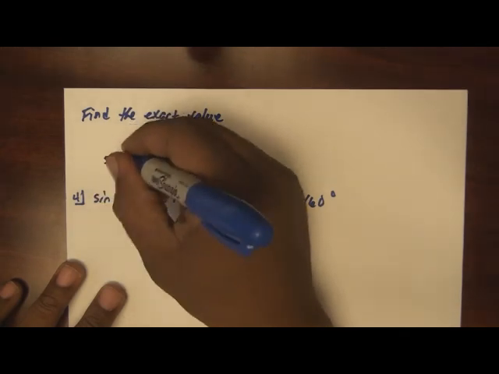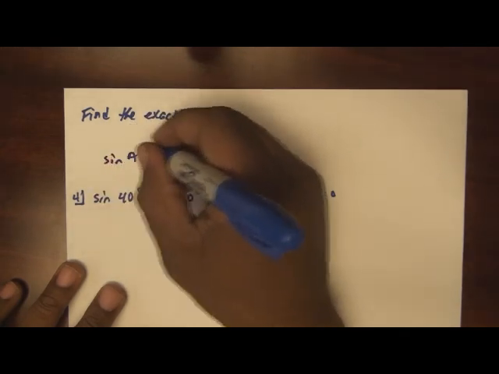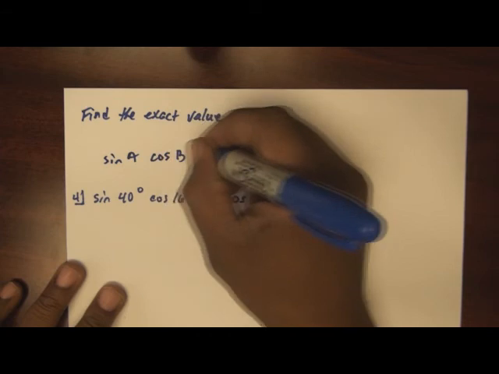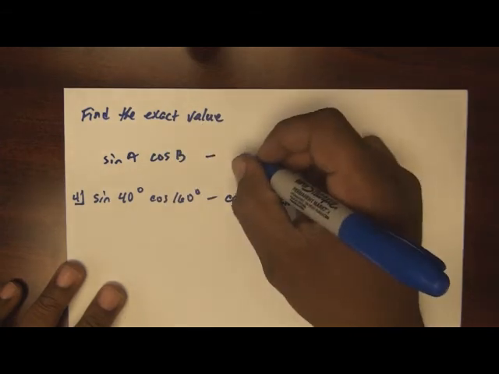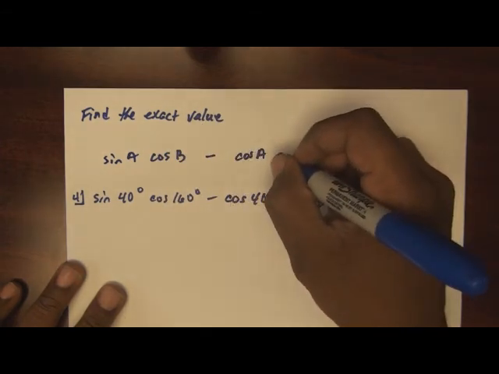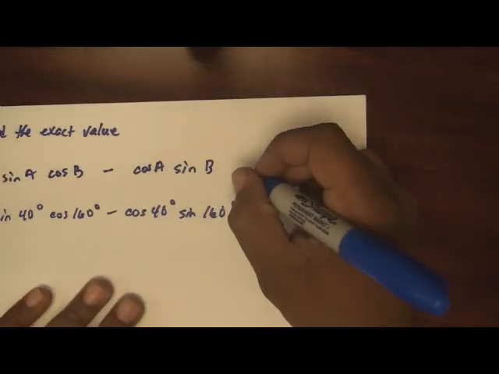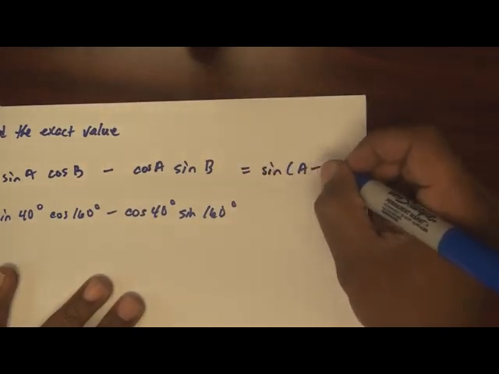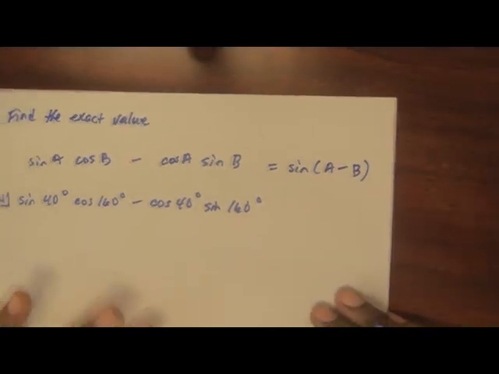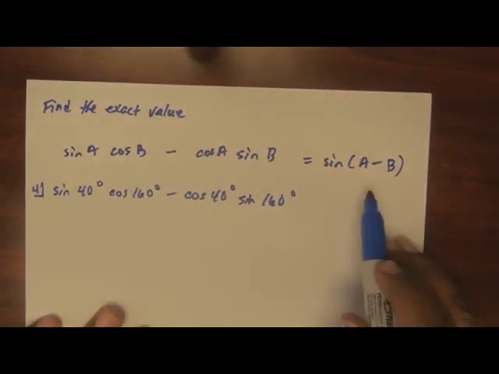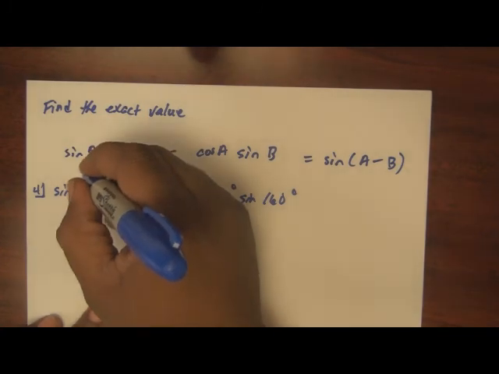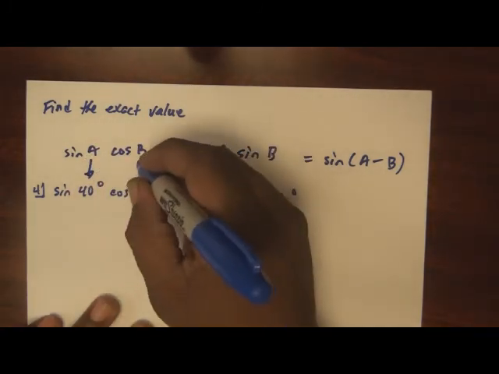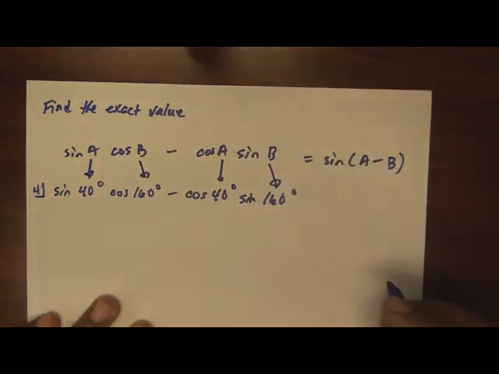So we have the sine of A times the cosine of B minus the cosine of A times the sine of B, and that's equal to the sine of A minus B. So you can see in this formula that we're going to substitute A for 40 and B for 160.